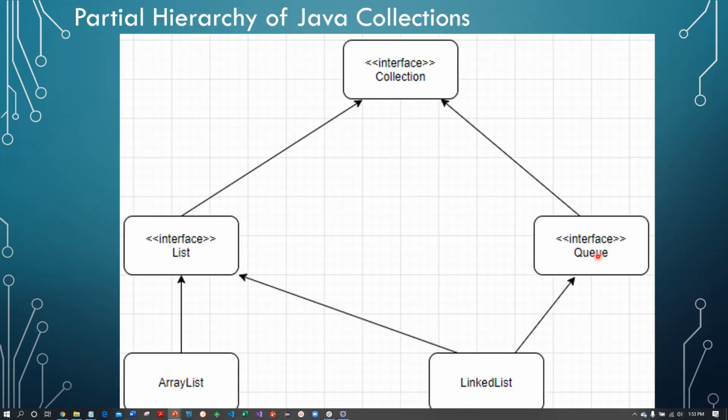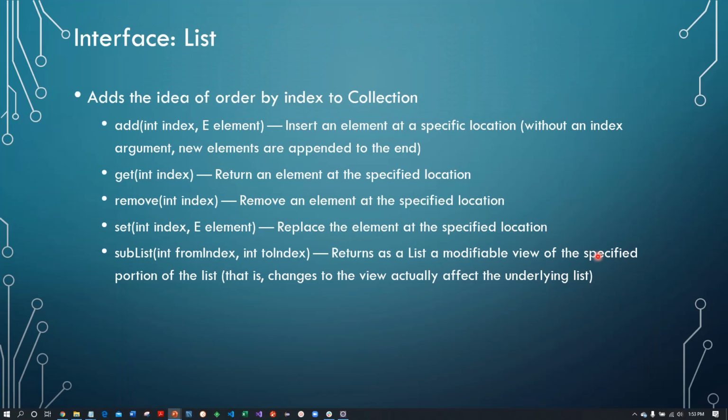So let's look at our diagram again. The collection's at the top, and that defines a group of objects, the collection. When we get to the interface list, now we have the idea of an order by index to the collection. Notice these methods: add, get, remove, set, sublist. All of them have the idea of an index.